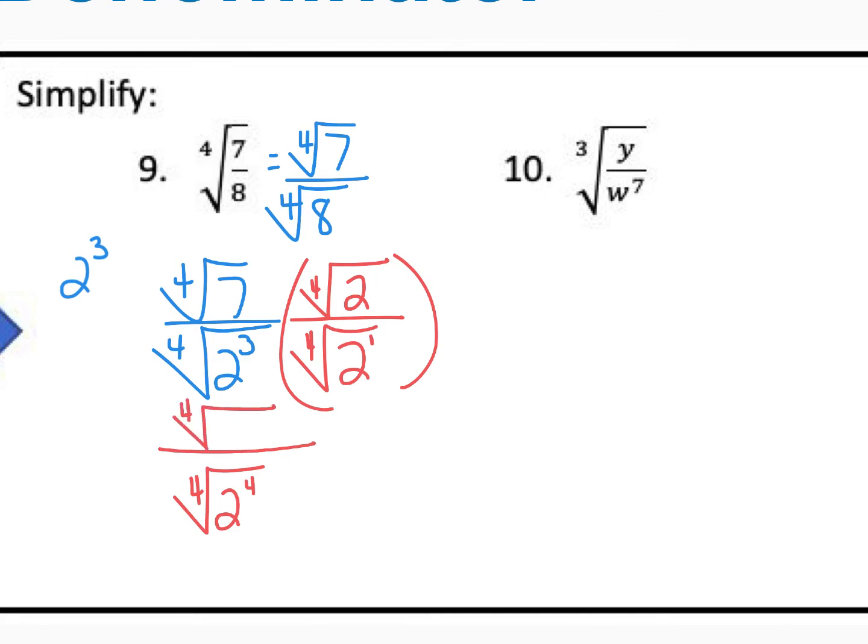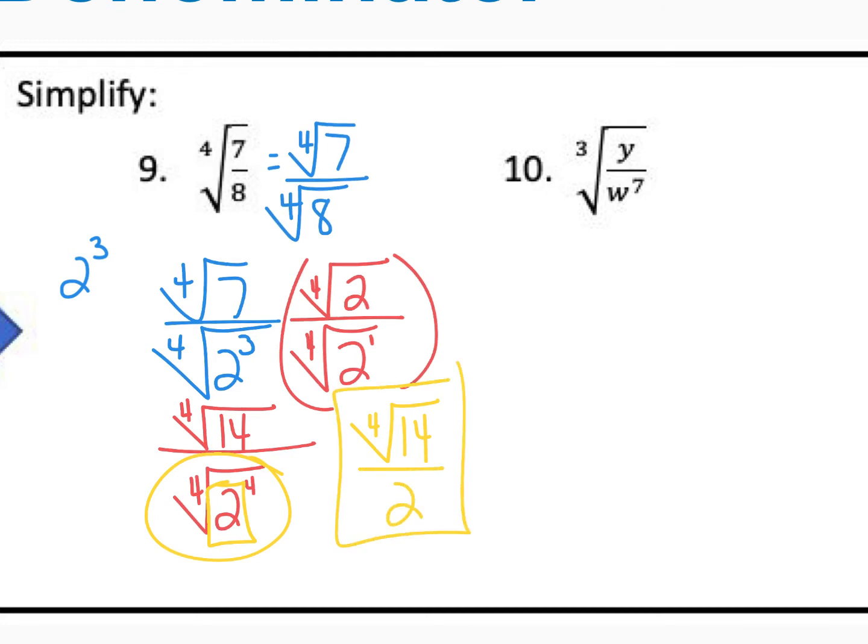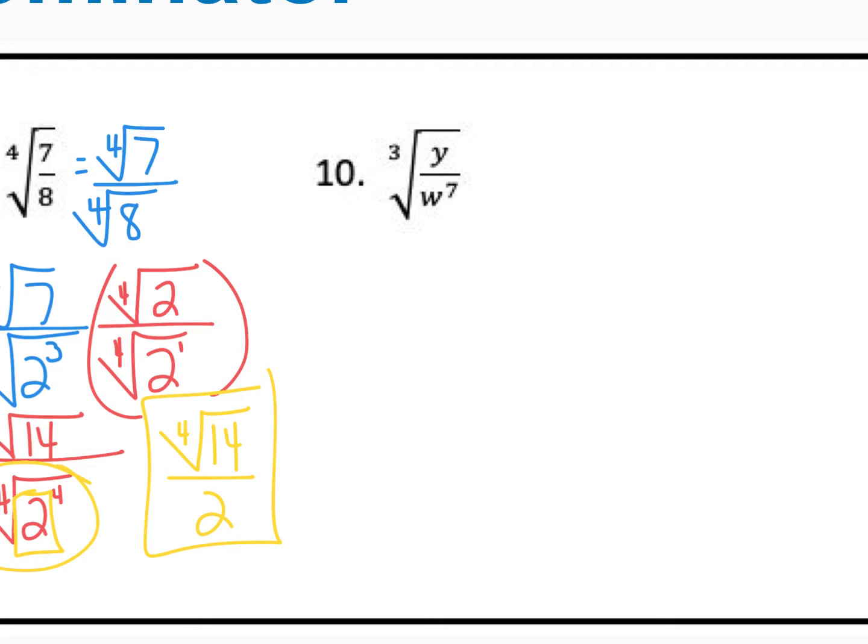Numerator would be the fourth root of 7 times 2, which is 14. The whole point is that on the bottom, they undo each other and it leaves me with just this base of 2. So I have the fourth root of 14 all over regular 2. Don't make the mistake of dividing the 14 and the 2. One's under a radical, one's not. Can't be done.